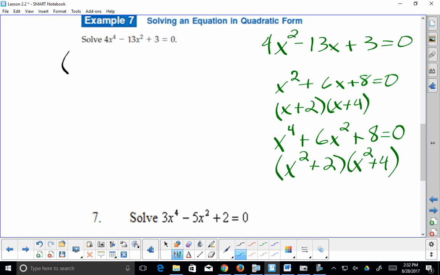When I factor that, I'm going to have 4x squared minus 1 and x squared minus 3 equals 0. So the difference is that now I'm going to end up with 4 solutions instead of 2.